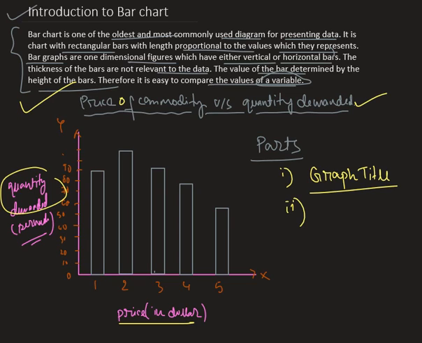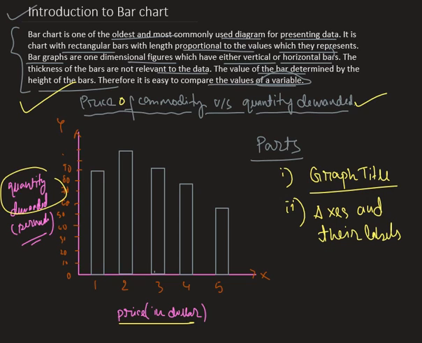Now the second point is axes and their labels. Each graph has two axes. The axis labels tell us what information is presented on each axis.